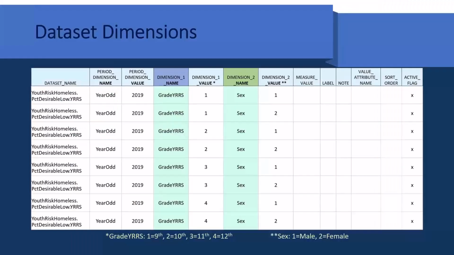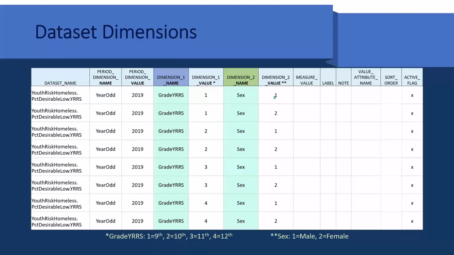And this is just kind of a rough mock-up of the dataset records table. So for a dataset record, for any given measure value, which I didn't include here, we have a dataset name, we need a period dimension name and value, dimension 1 name and value, and dimension 2 name and value.